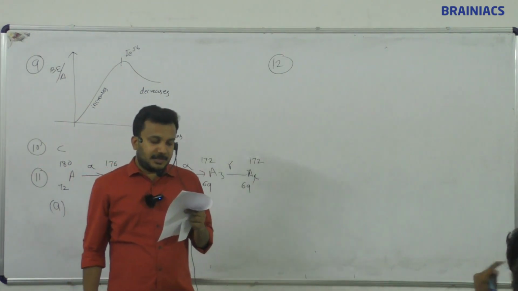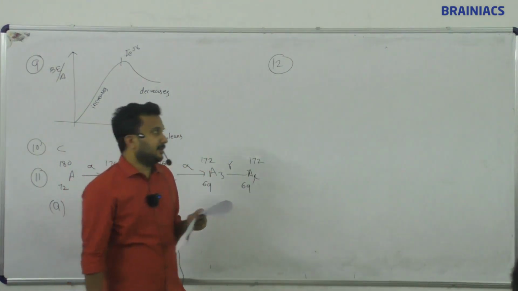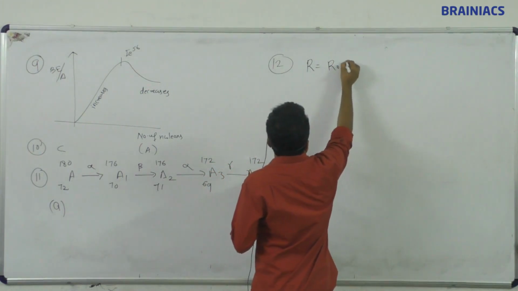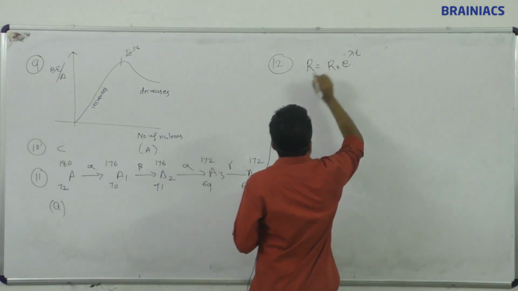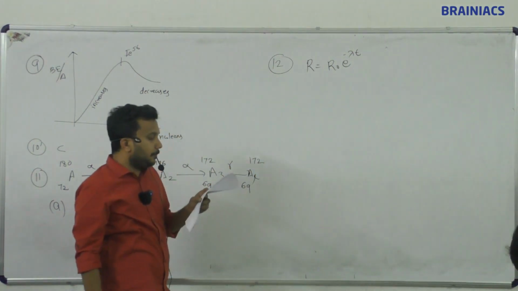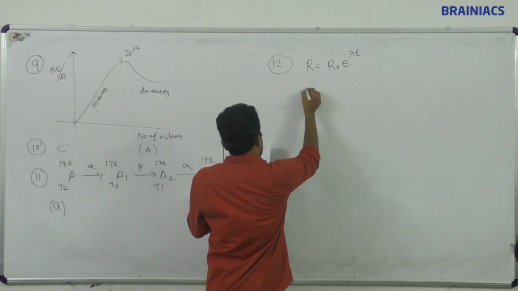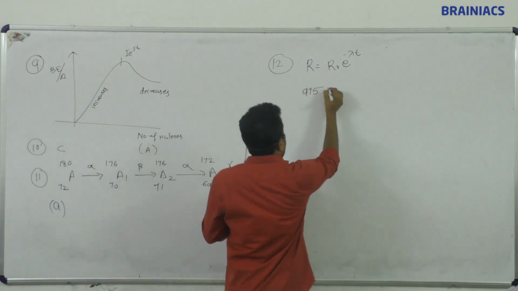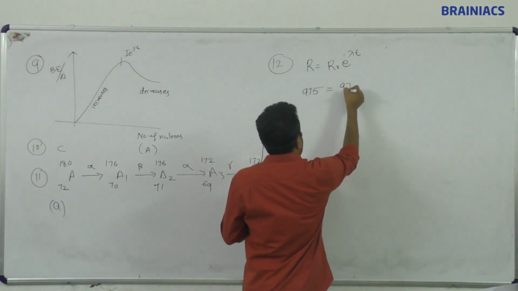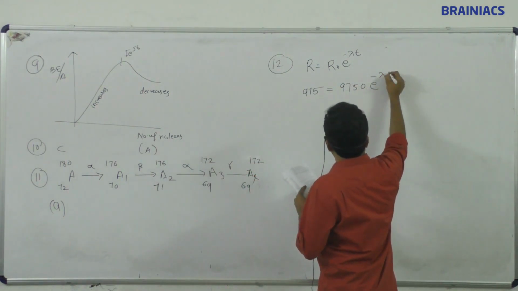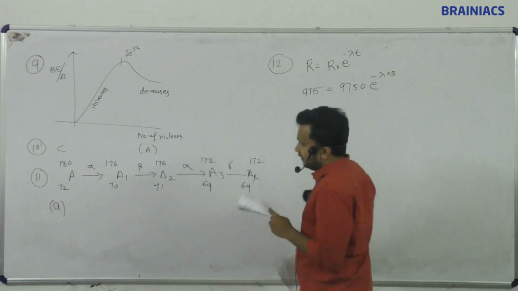The decay constant is approximately... Activity formula: R equals R0 e power minus lambda t. What is the R value now? 975. R0 value is 9750. Time is 5 minutes. Find the lambda value.